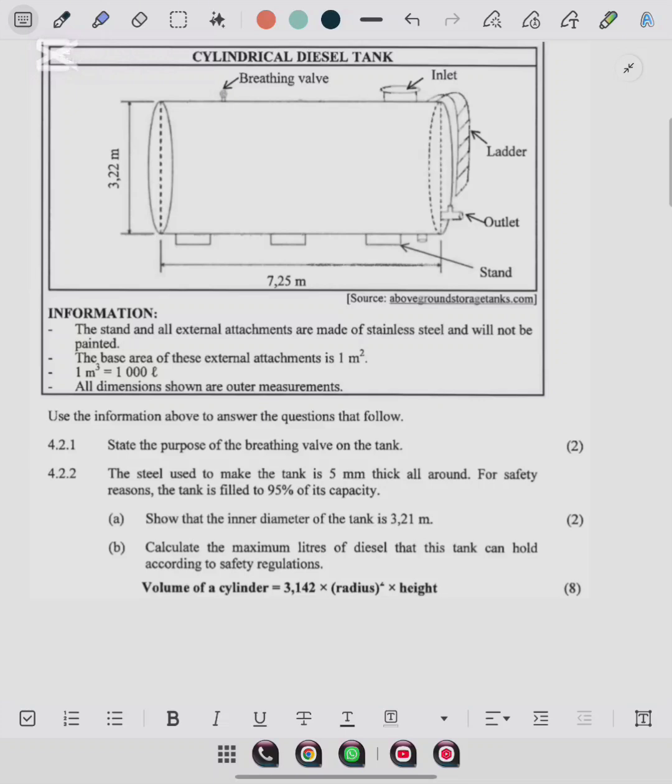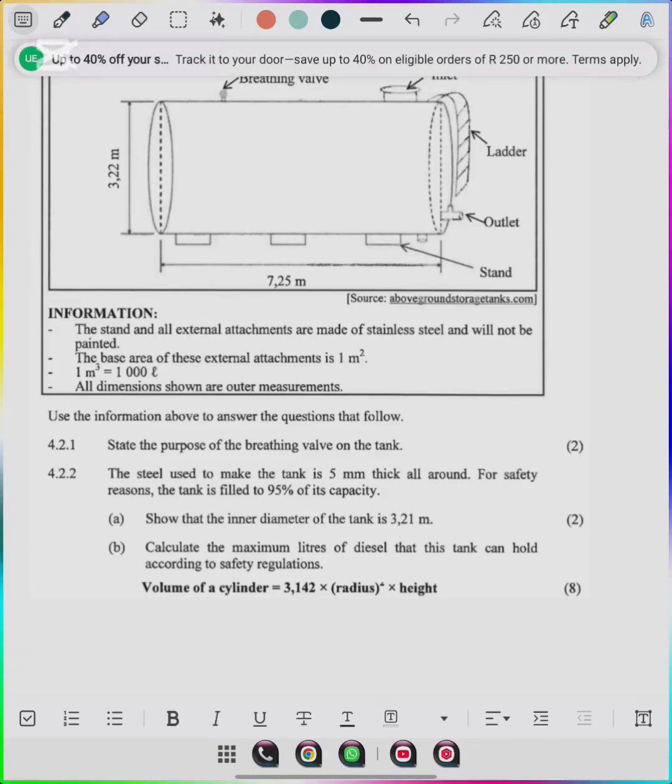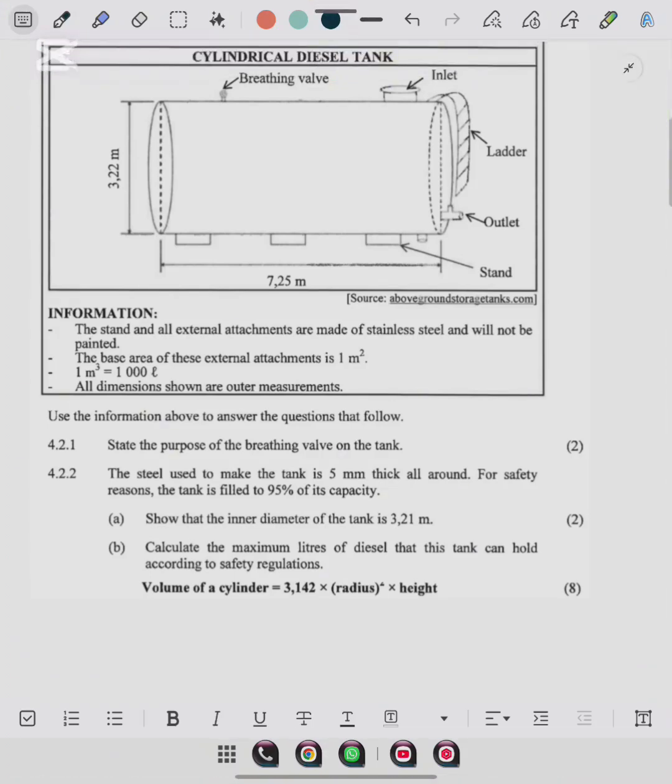So the purpose of the breathing valve is just to allow for air or chemical fumes to escape through the top of the tank. So the main thing we're looking for here is to release air or to prevent the tank from exploding by containing the fumes within it.